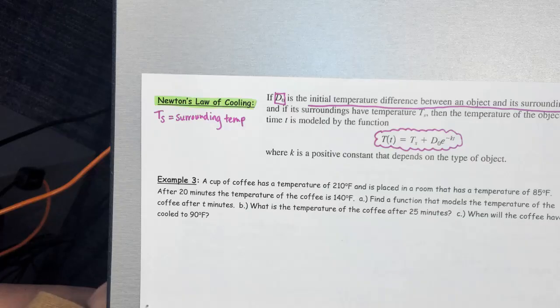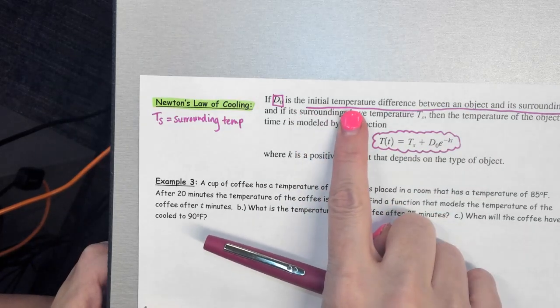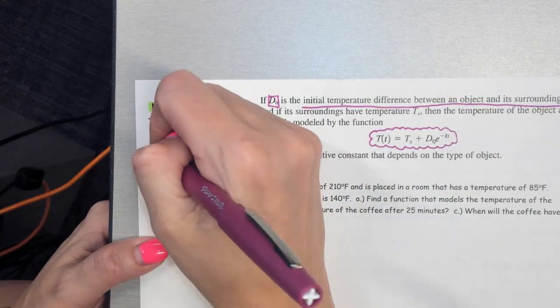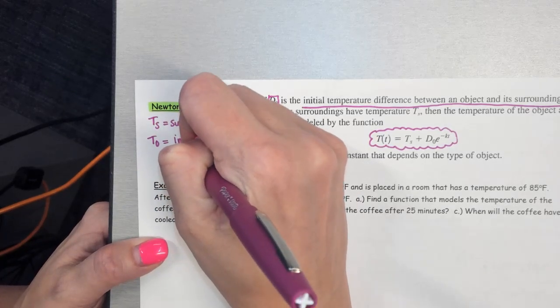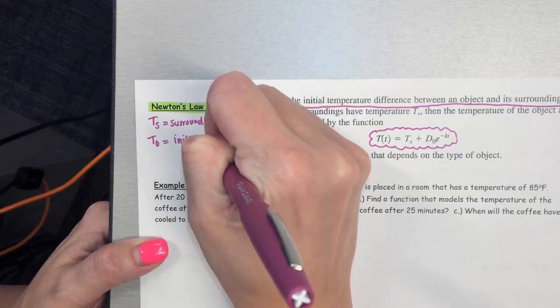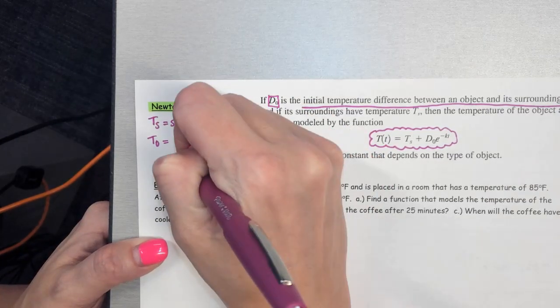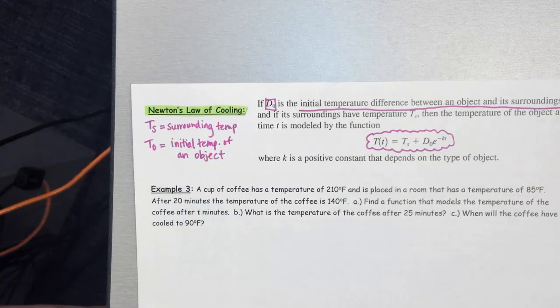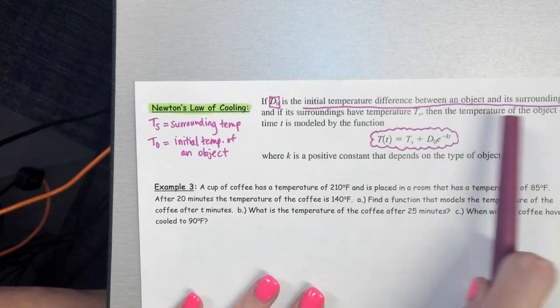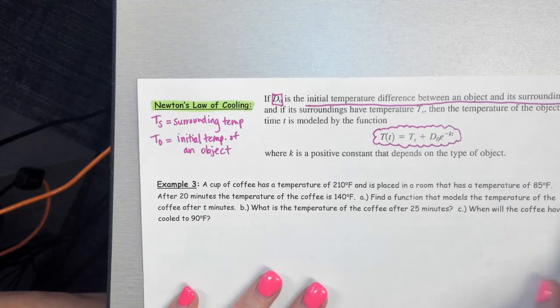Okay, we can think of the initial temperature of an object as T sub 0. Okay, the initial temperature of an object. And it says D sub 0 is the temperature difference between the object and its surroundings.